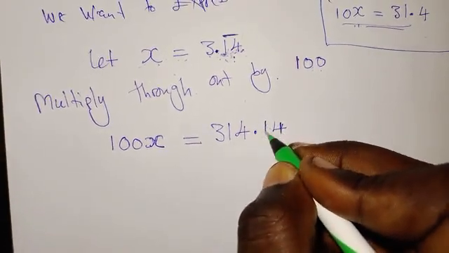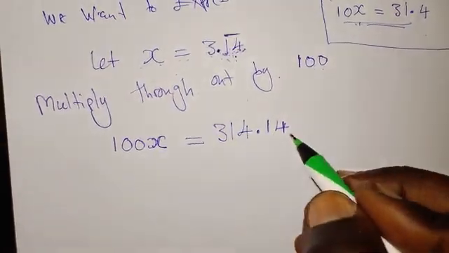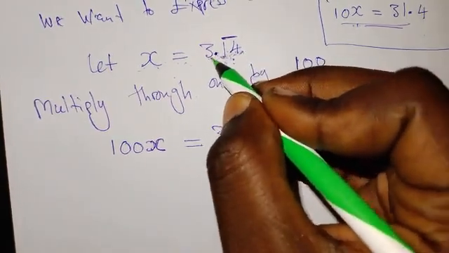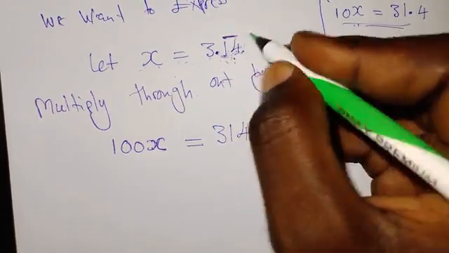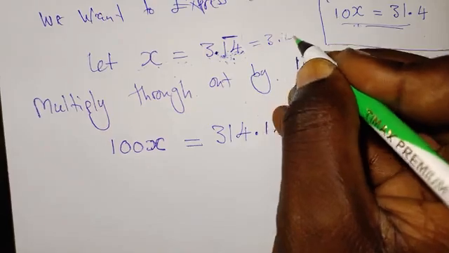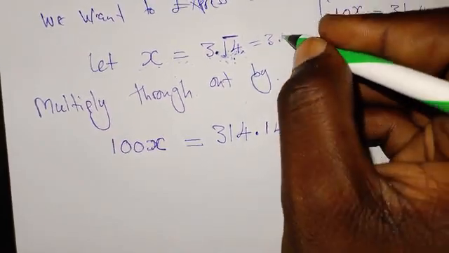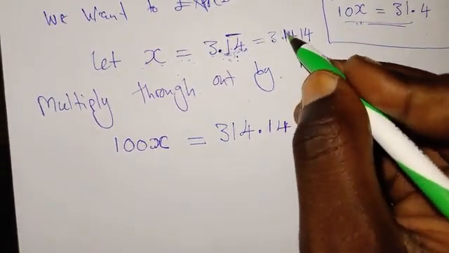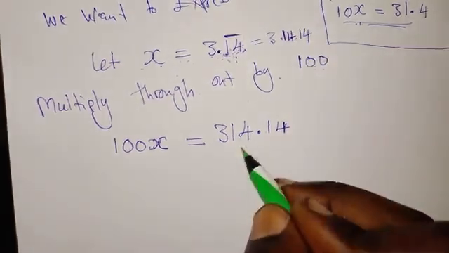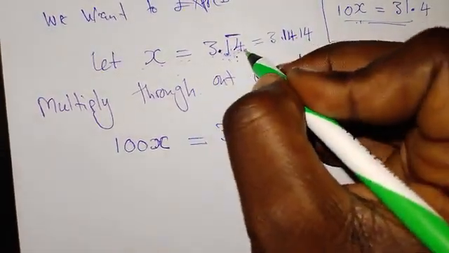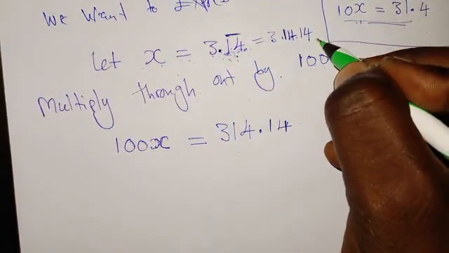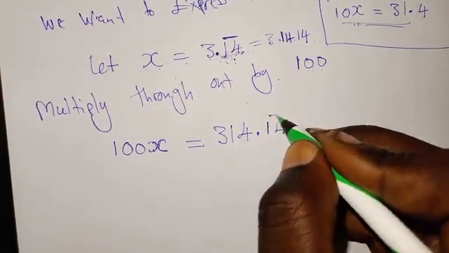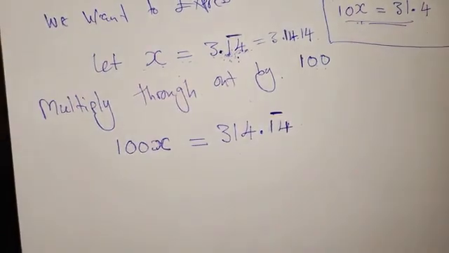Instead of writing 3.14 with the bar, it can still be written as 3.1414, such that if this point moves twice, 1, 2, it will stand here. I'm going to have 314.14, where 1 4 is repeating continuously.